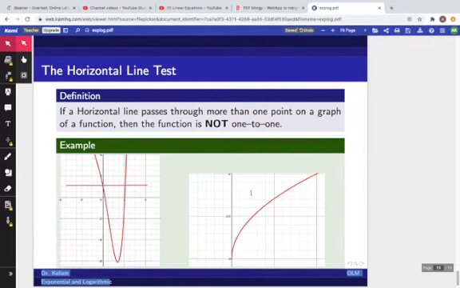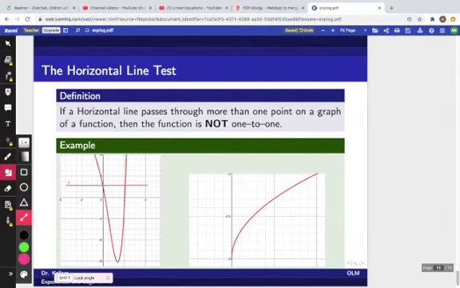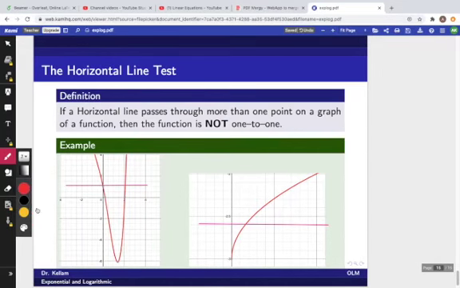This one, however, is not the case. No matter where I draw my horizontal line, I'm only going to touch one part of the graph. So this is not one-to-one, whereas this is one-to-one.